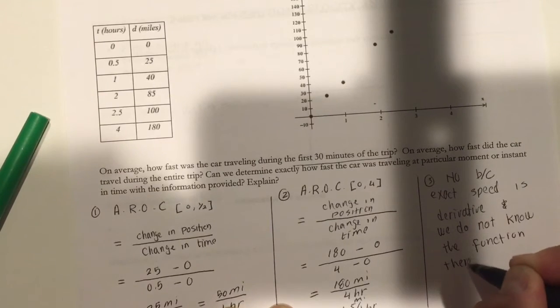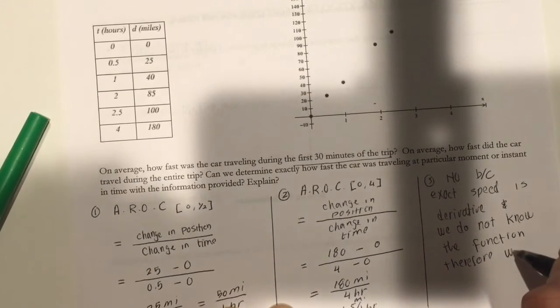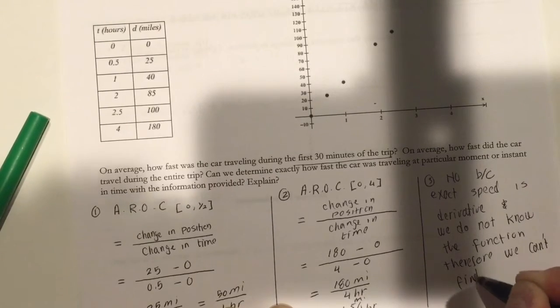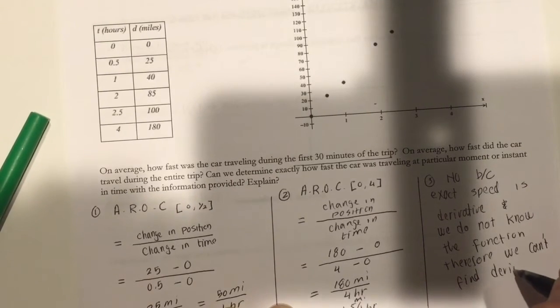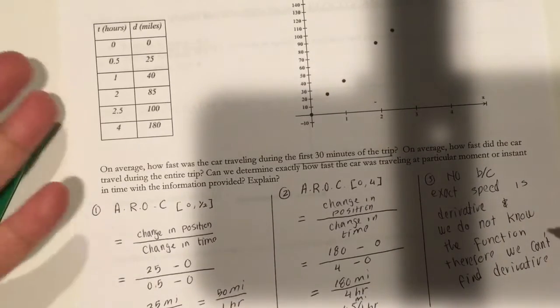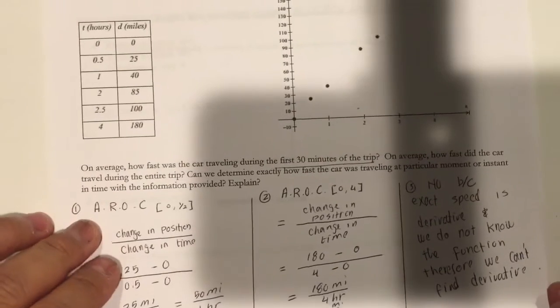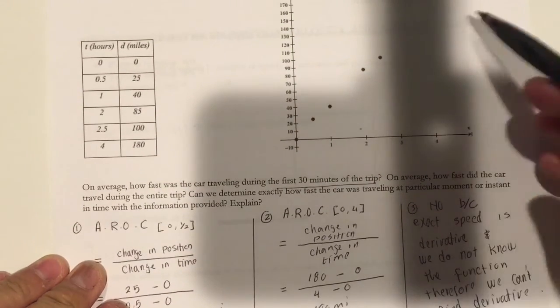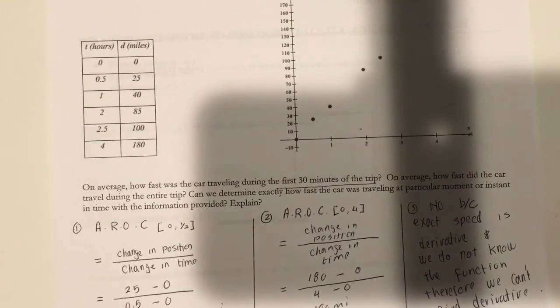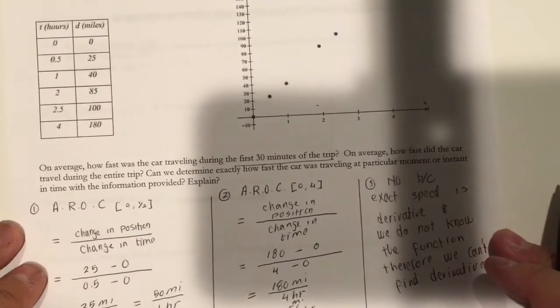Therefore, we cannot find the derivative. Since we don't know the function that represents this specific model, we cannot find the derivative, which means that we cannot find the speed at a point.